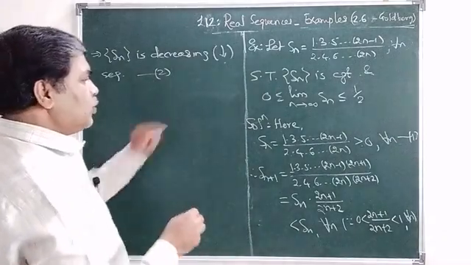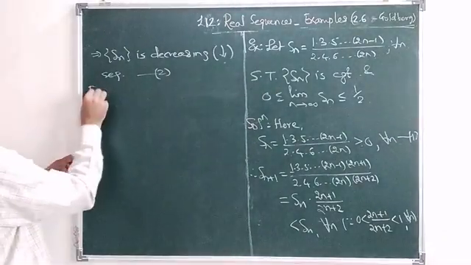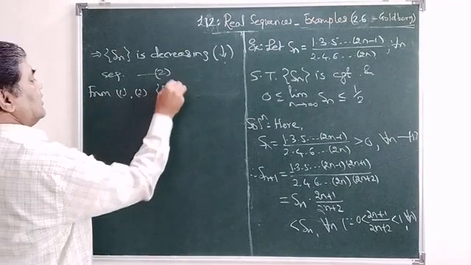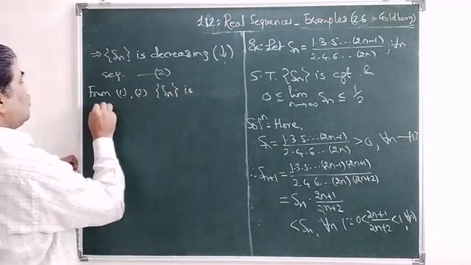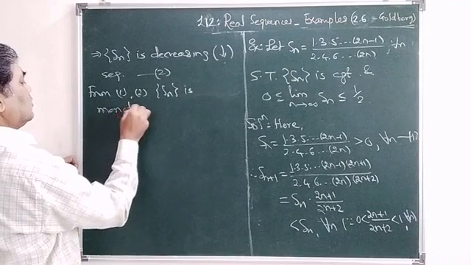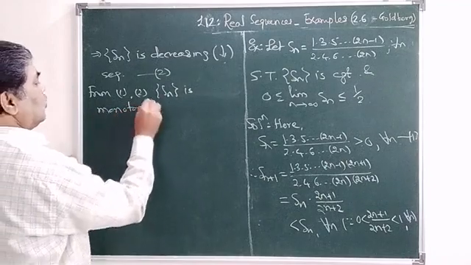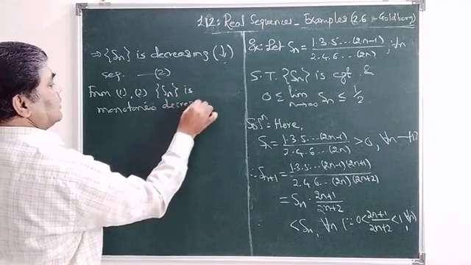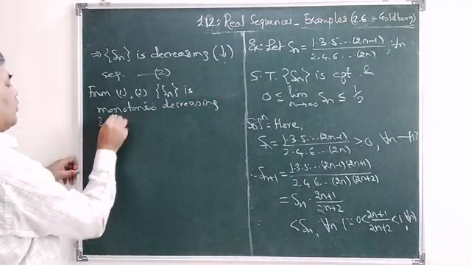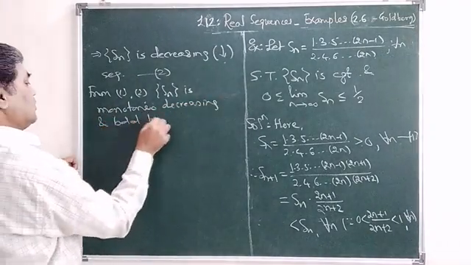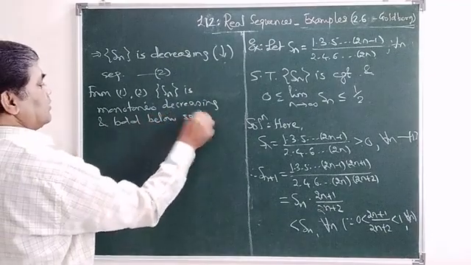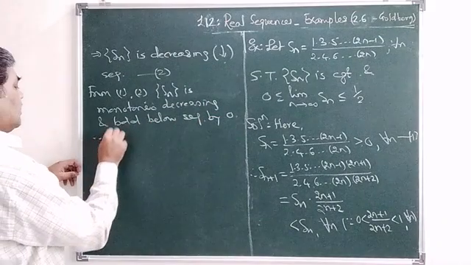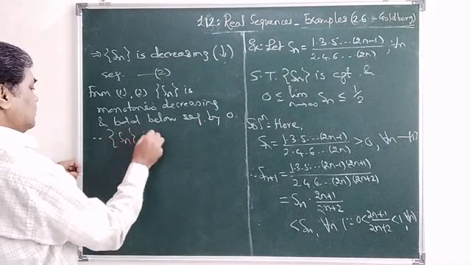So from 1 and 2, Sn is a monotonic decreasing and bounded below sequence, bounded below by 0. And therefore Sn is convergent.